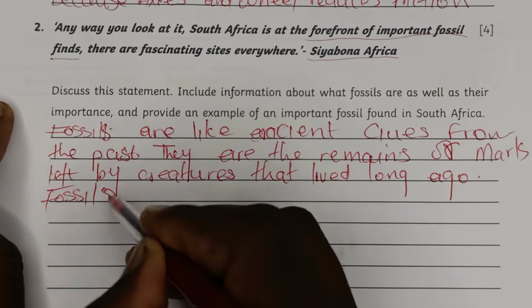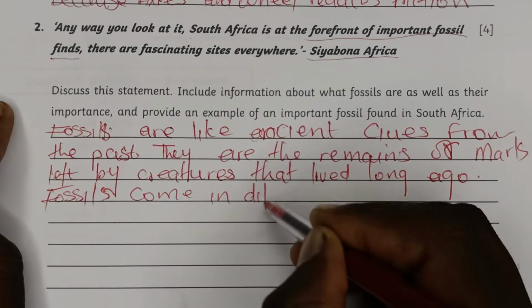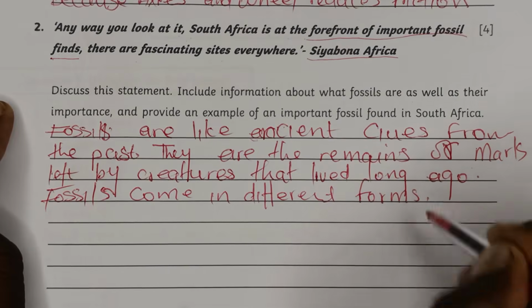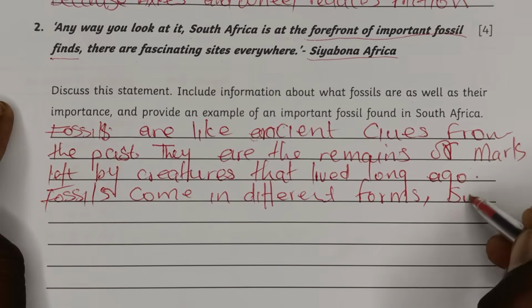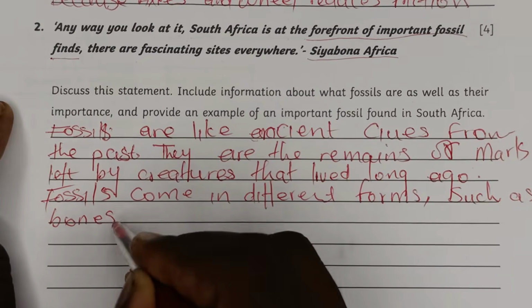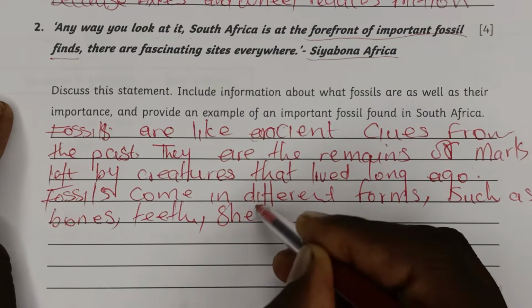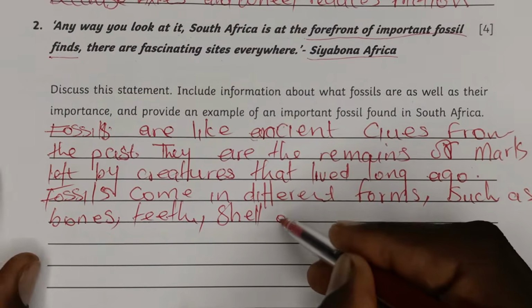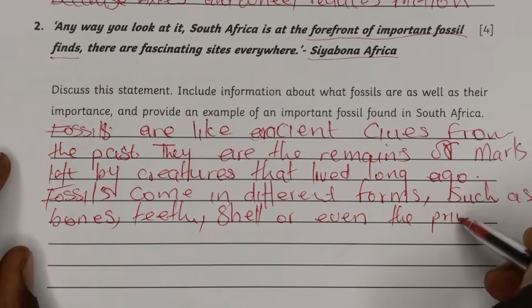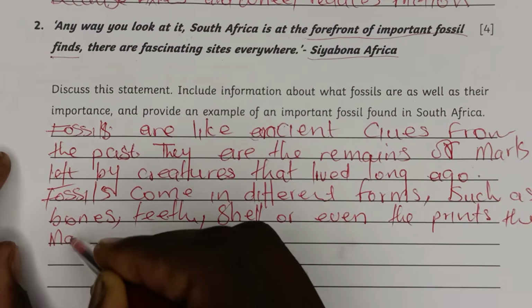Fossils come in different forms, such as bones, teeth, shells, or even the prints they made.